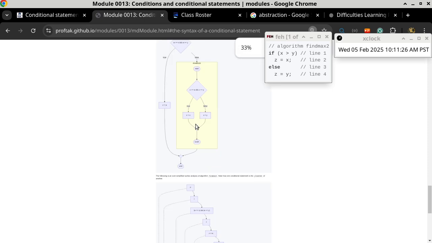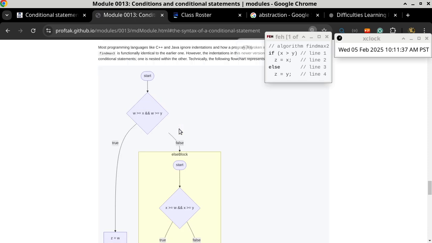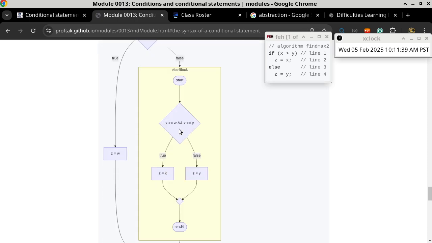That's a little bit too much. This entire thing is one conditional statement. The else branch by itself, let me zoom in a little bit, is also a conditional statement itself. I'll just pause and see if that concept is understood. We're okay there.